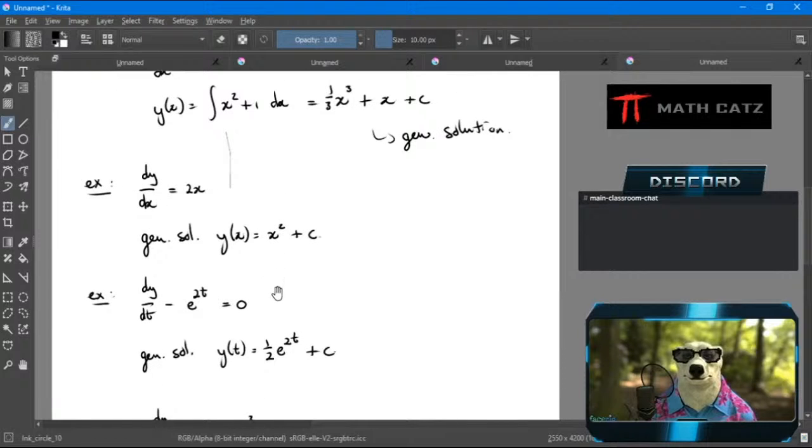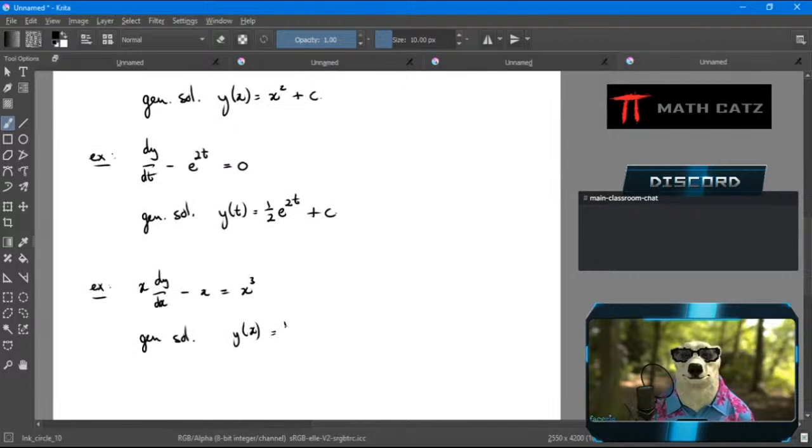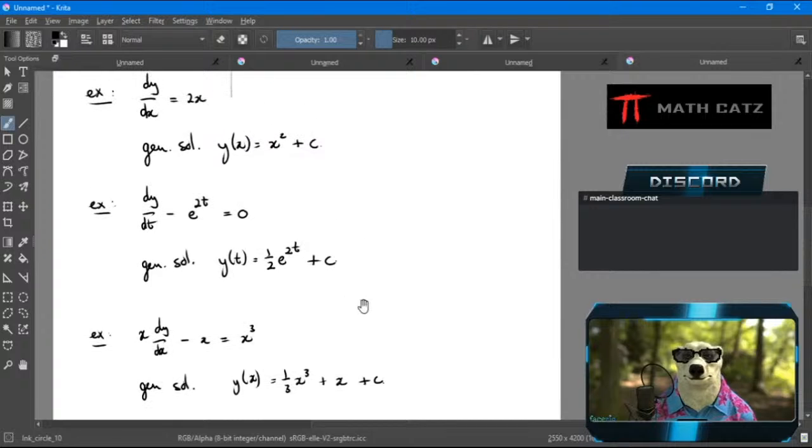Over there, 1/3 x cubed plus x plus c. All right. There we have three examples for which finding the general solution was quite familiar once I understood what the equation is asking.